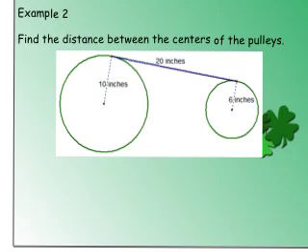In this next problem, we're asked to find the distance between the centers of the pulleys. You'll notice that we have a radius connected to a tangent, so I'm going to mark those in as 90-degree angles. And it's our job to figure out the distance between these two. Well, I notice that this here is 6 inches, and I'm going to mark down 6 inches over here. If I do that, I'm going to connect and make a parallel line.